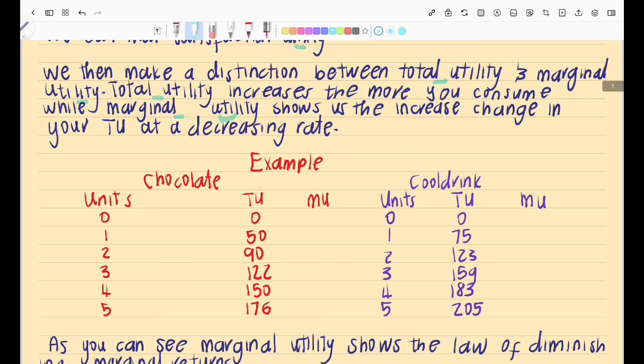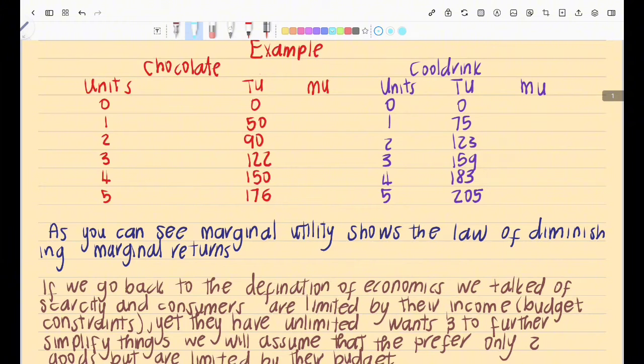They can give you a marginal function and ask you about the total function, so don't forget how to differentiate and integrate, right? They brought this last year and I forgot that the courses are interlinked, and I was like, how am I supposed to do it in an economic way? But you can actually use the mathematical way of integrating and differentiating to get to either of the two. I just want to illustrate these concepts of total utility and marginal utility using an example, right?